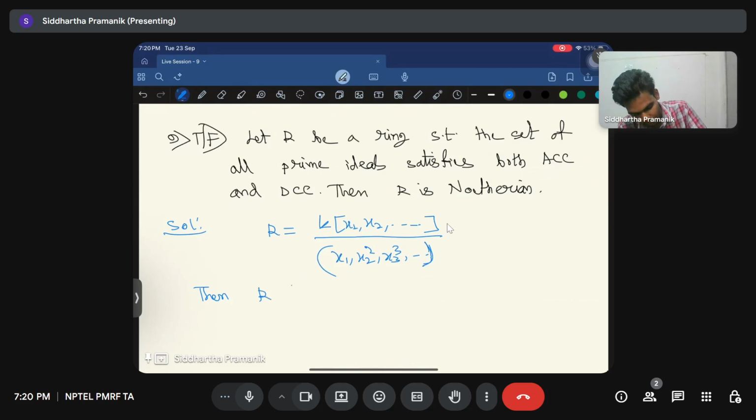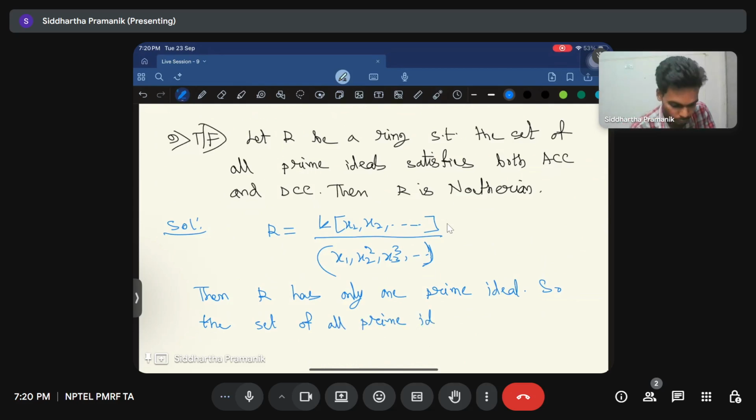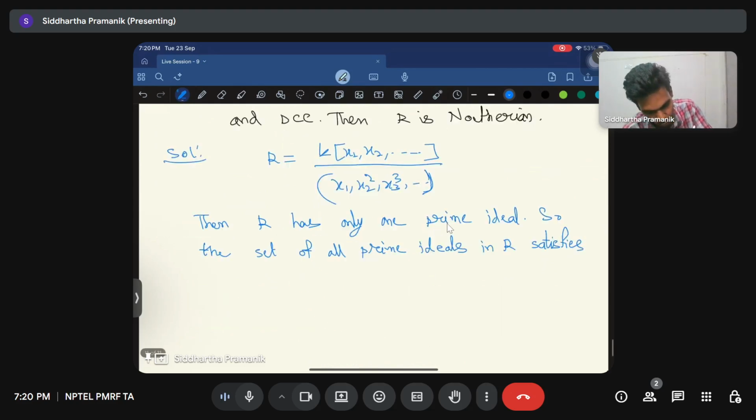So the set of all prime ideals in R satisfies both ACC and DCC.